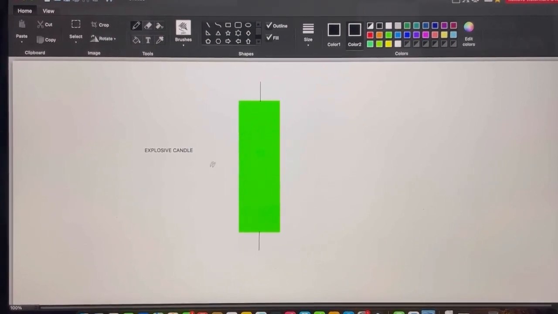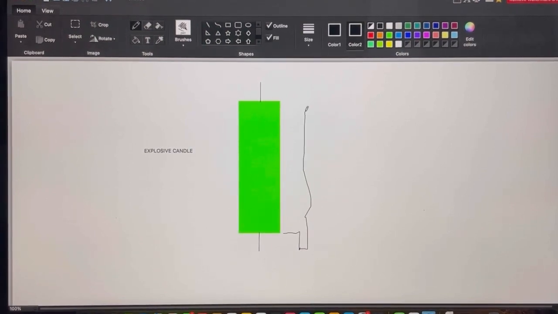Now guys, this is an explosive candle where we can find smaller wicks on the upside and the downside as well. When we deep dive into this candle and what has happened, see here, the price opened up here and went down because of some selling pressure, and later it came here and took its way up with the buyers at each and every point of time, and then it went way up to here.